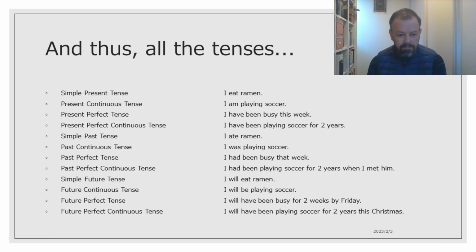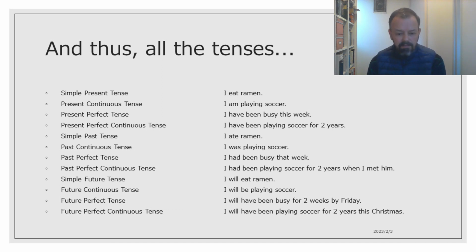Next, we have the simple past tense, using the past tense form of the verb. And so the simple present was I eat ramen, the simple past I ate ramen. And every verb has a past tense form which needs to be learned in order to use the past tense.